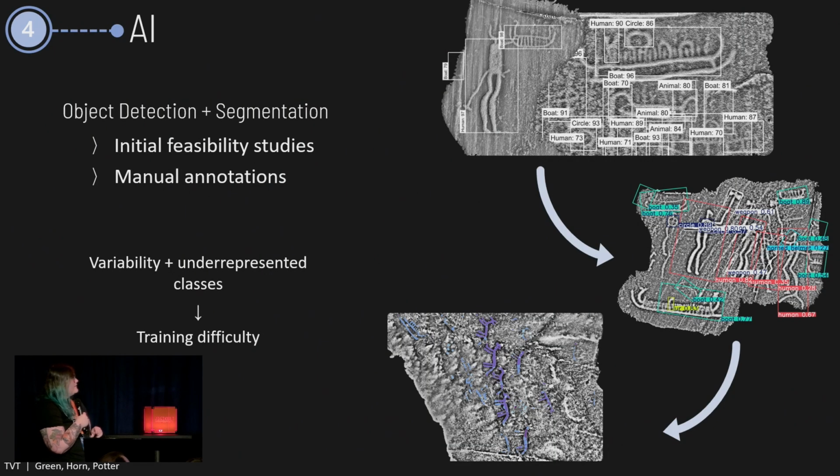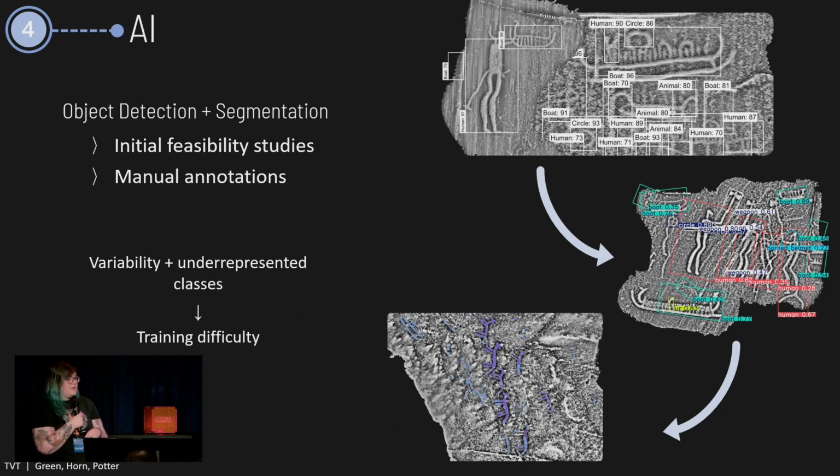You can see that it gets a bit difficult, and I've been a bit tricky here and shown an example of the segmentation where we have types of motifs. We have animals here that are underrepresented in our data set, so performance on that isn't the best. The outcome of these has basically been that in types of motifs where there's a lot of variability, so we have humans, which can look quite different, and animals, which can look quite different because animals includes things from birds to horses to deer to moose, those classes are quite difficult to detect.